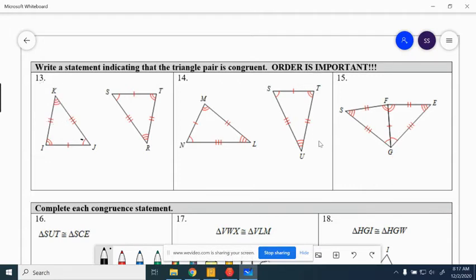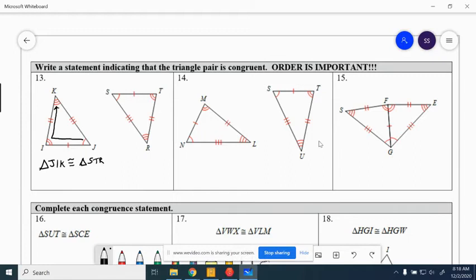So it looks like we're going to be going from J to I to K. So triangle JIK is congruent to, we do the same thing over here, STR, right? 1 arc to 2 to 3, okay? So triangle STR is congruent to JIK.